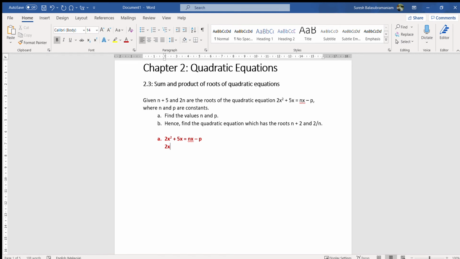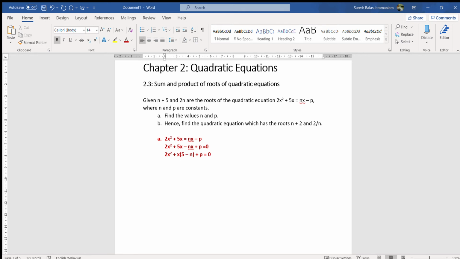So 2x square plus 5x minus nx plus p equals 0, and then 2x square plus, I can factor the x out, so I'll get 5 minus n plus p equals 0.